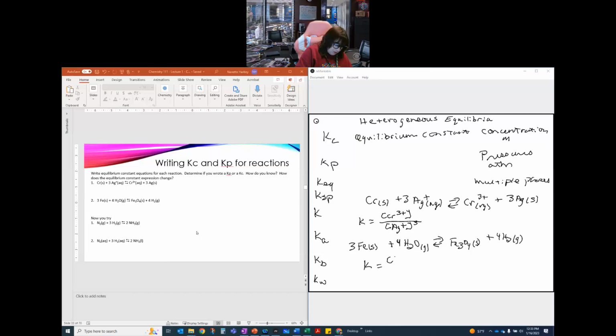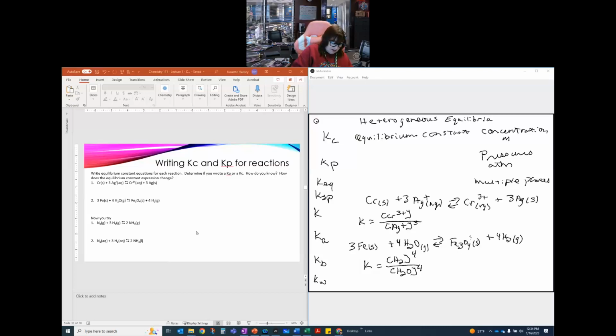So we have that H2, and that's the fourth power. That's included. The Fe3O4 is not, because it's a solid, so that does not appear. On the other side, our reactants, we have the H2O gas. That's also to the fourth power. And the Fe solid does not appear. So those are the only things that will come into this. So that K will look exactly like this.